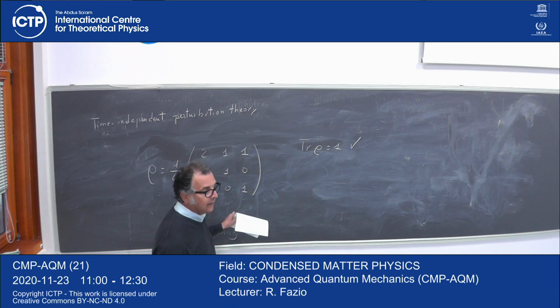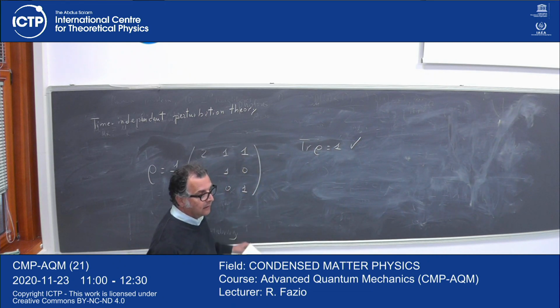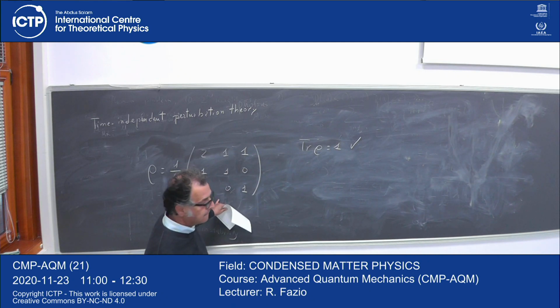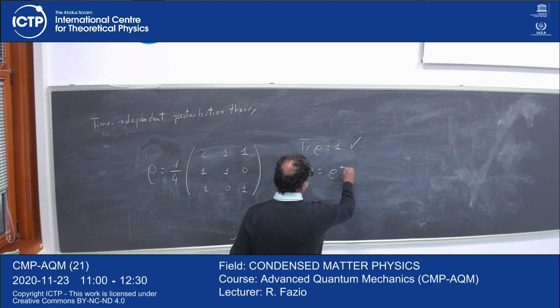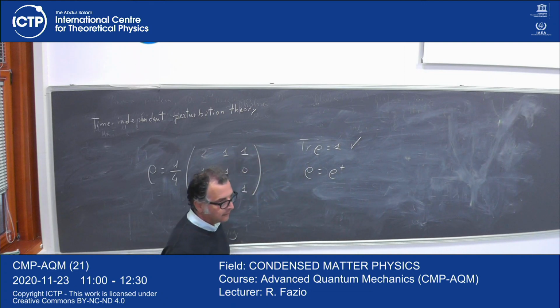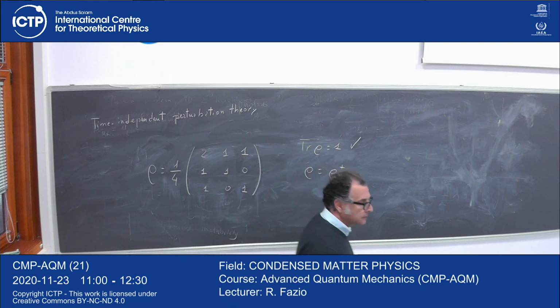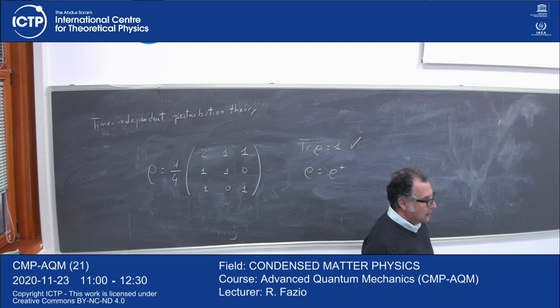Then the next thing is if it's Hermitian, yes, so rho is equal to rho dagger. And the third is that it should be positive definite.